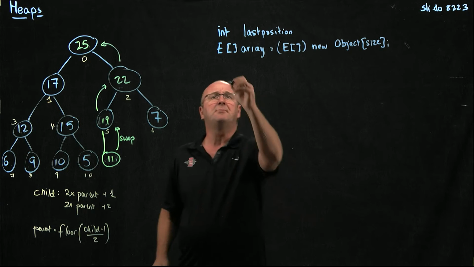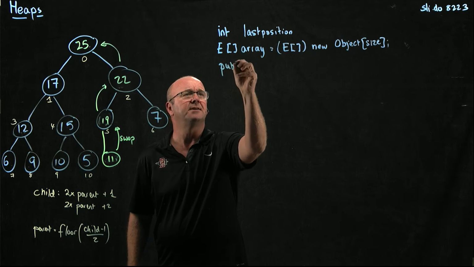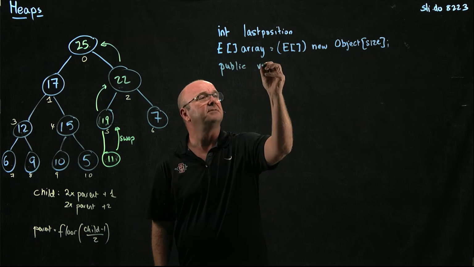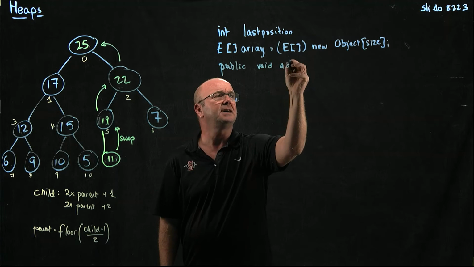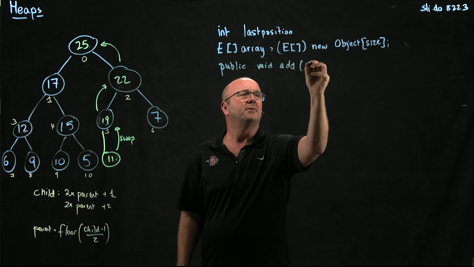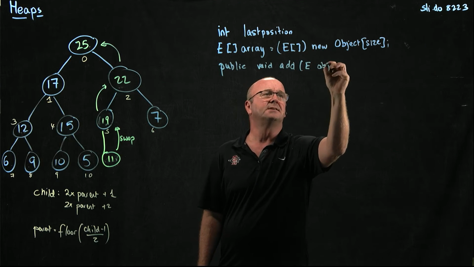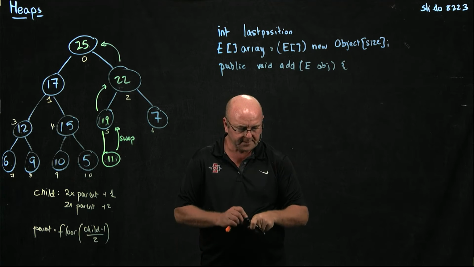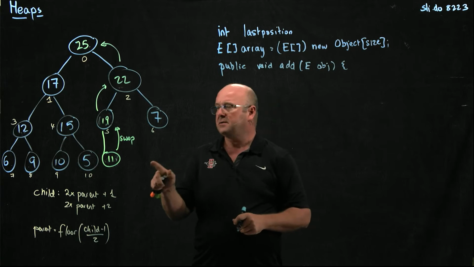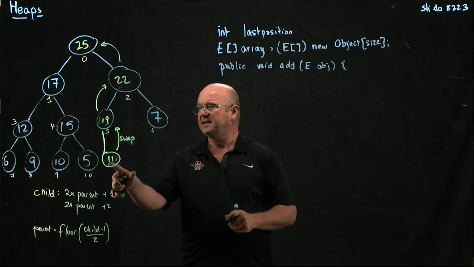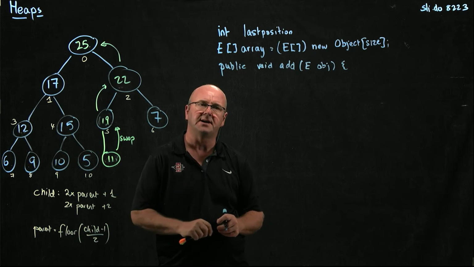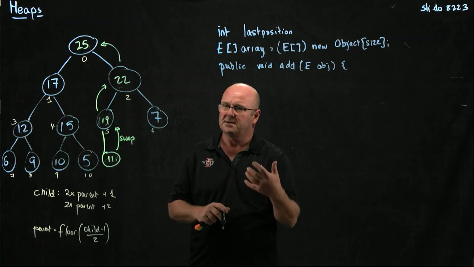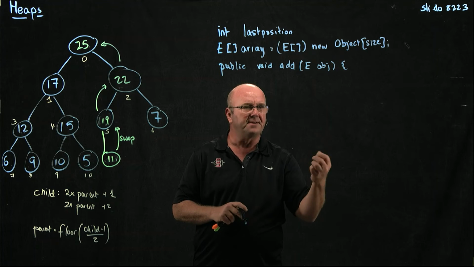So, for example, for our add method, we're going to have, let's say, a void add, and we're going to take an E object to add. And we're going to put that thing in the last position in the array. So last position right now currently holds the index of the last thing in the array.